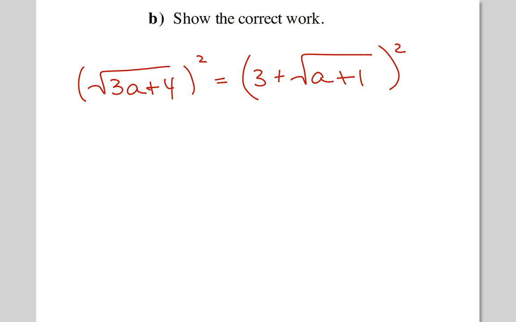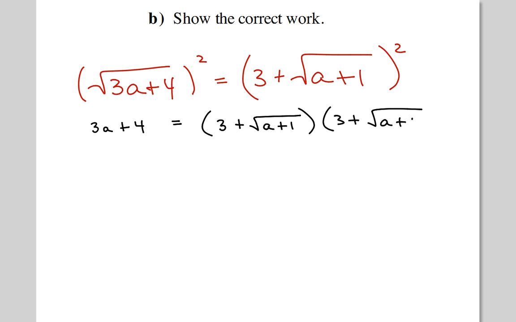So the left-hand side we said was good, so I'm just going to get that down. Now the right-hand side we have to do the distribution. So we have 3 plus root a plus 1, and then 3 plus root a plus 1.